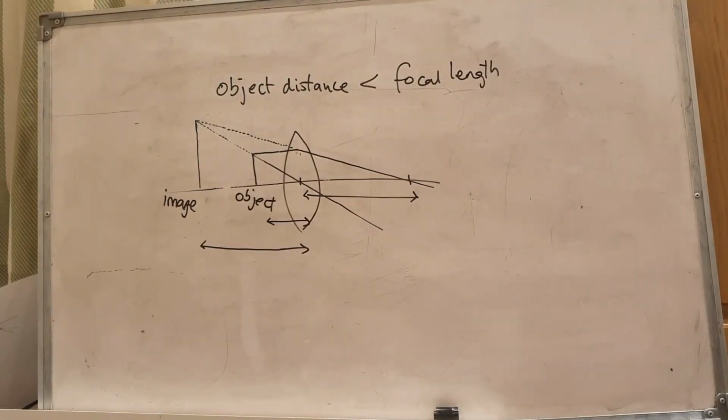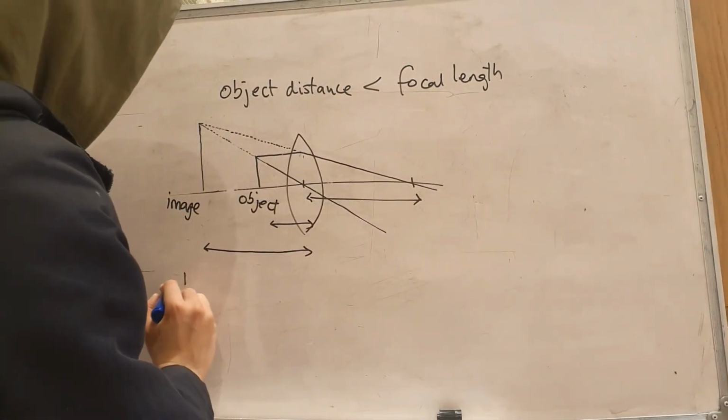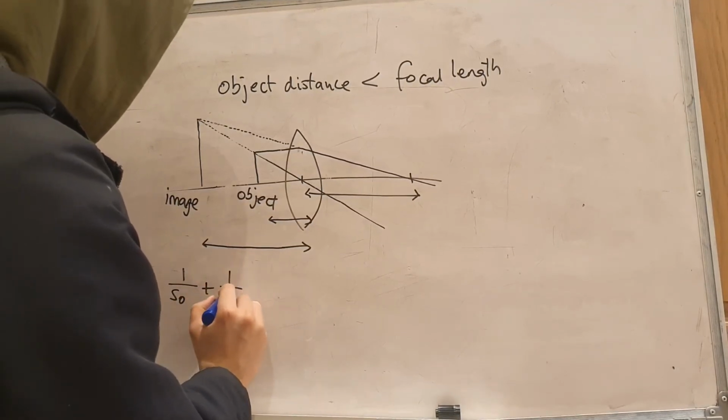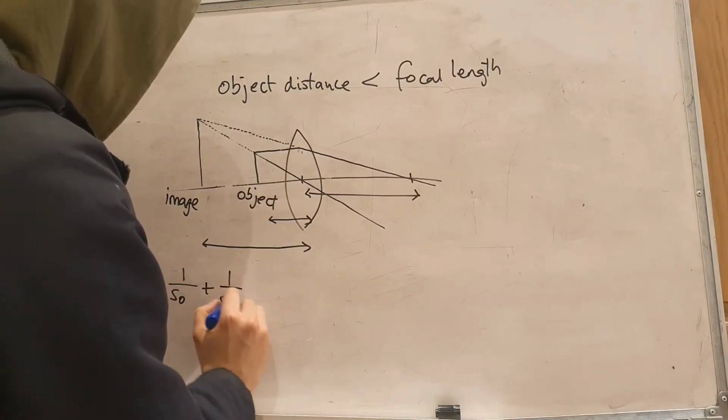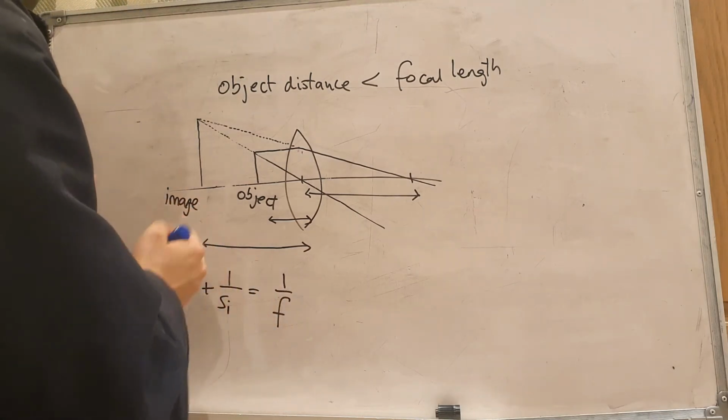Now let's see what happens if we put some numbers in. If you remember, 1 over s object plus 1 over s image is equal to 1 over f. Now we want to work out the image distance.